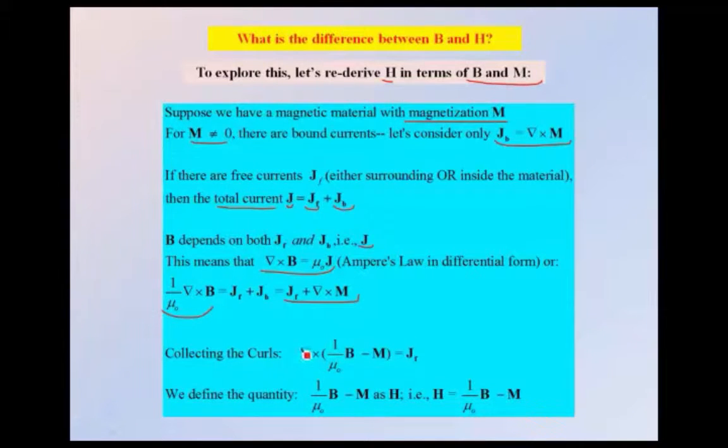We collect the curls, so we have curl of this quantity here, and that's equal to the free current density. We define the quantity, which is the summation of 1 over mu 0 B minus M, as H. So I've just repeated that here. Here's the definition of the H vector. So that's what it says here.